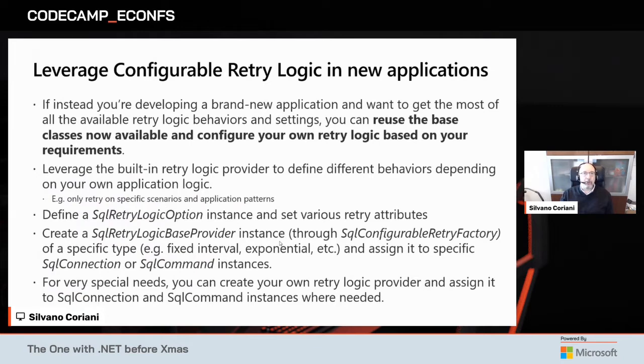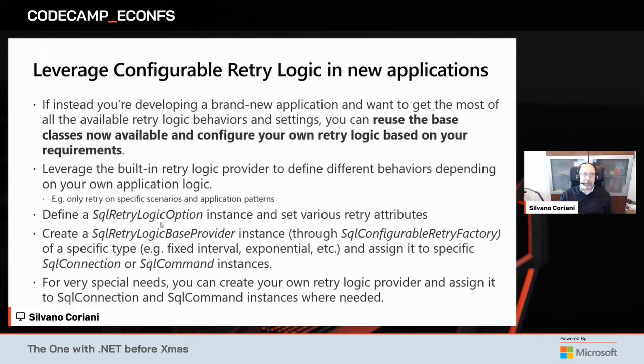If instead we want to get the most out of our retry logic, what we can do is write specific code leveraging those core APIs that I was referring to previously, and basically customize how our application is going to retry against a transient error the way we like, right?